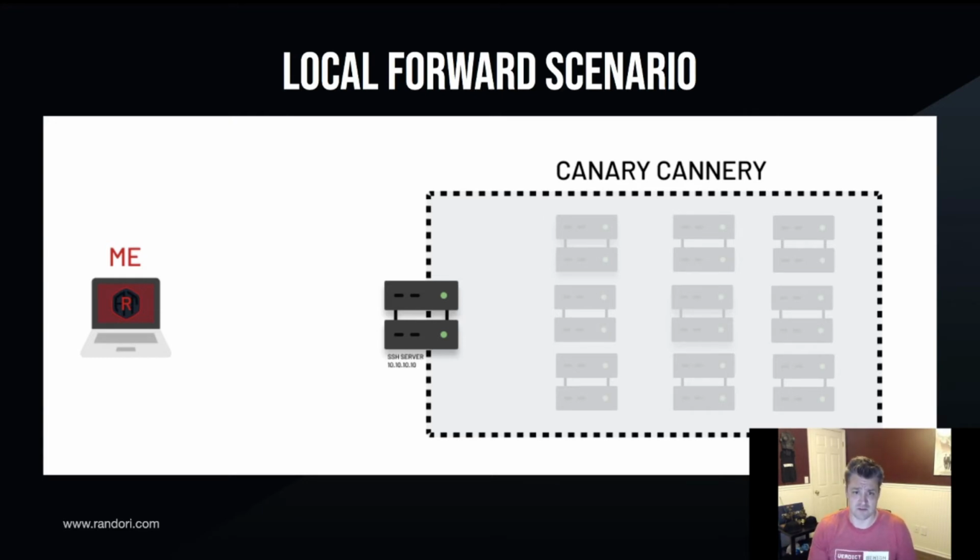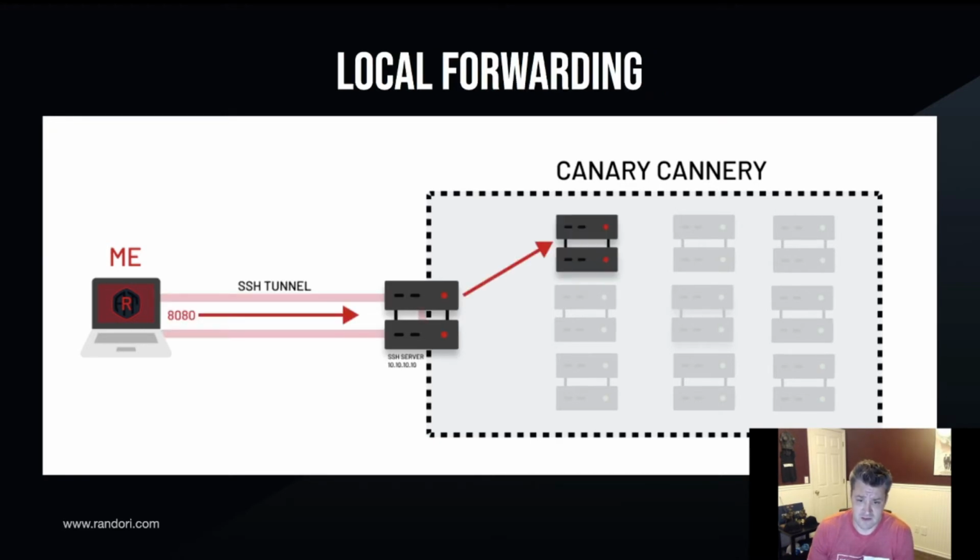So I want to do what's called a local forward. For instance, maybe I know inside that Canary Cannery there's a system that's a web server, and that there's some sort of cool secret on that web server that I would like to get access to. I am going to use SSH to set up a local port on my system. That's port 8080 on the left.